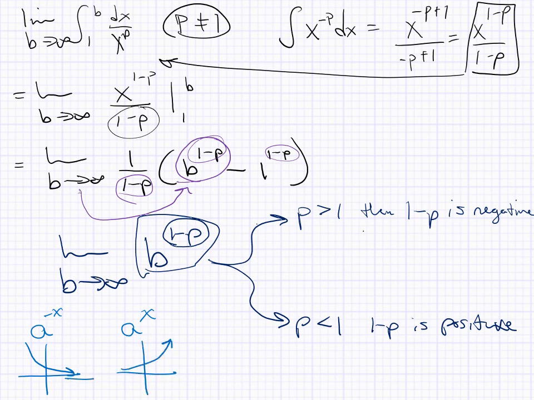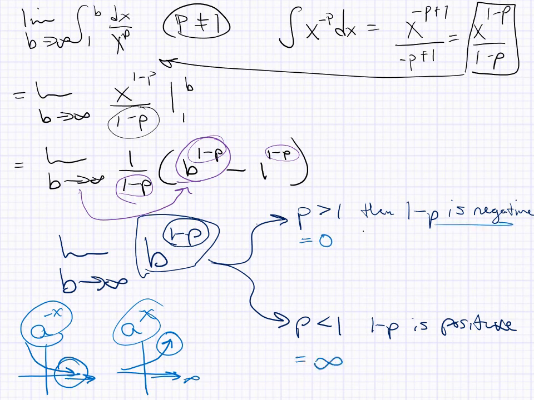As we go to infinity, we get closer and closer to 0 with the negative exponent, and closer and closer to infinity with the positive exponent. So this limit could equal 0 when we have the negative exponent, and infinity when we have the positive exponent. That makes a big difference here.